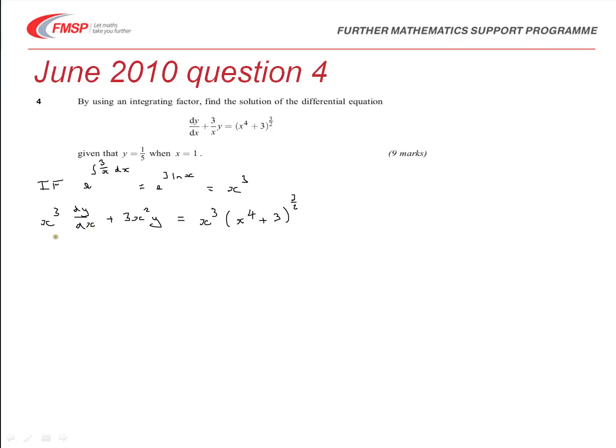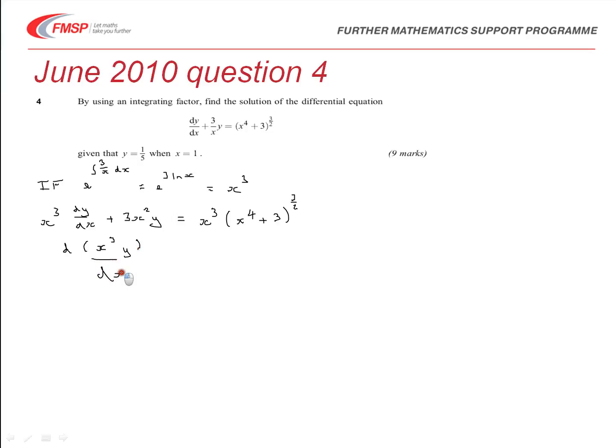Now this left hand side we should then recognise is the result of differentiating a product, and that product is made up of x cubed, which was the integrating factor, and the function y.